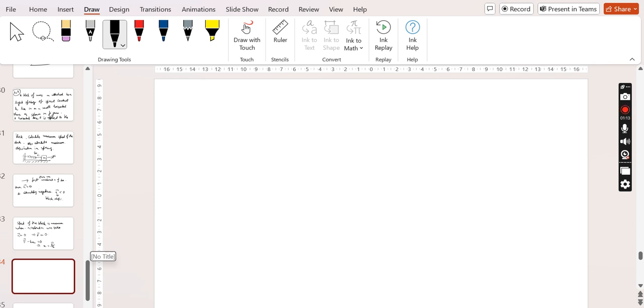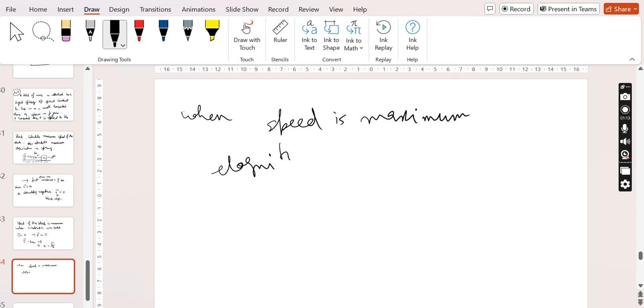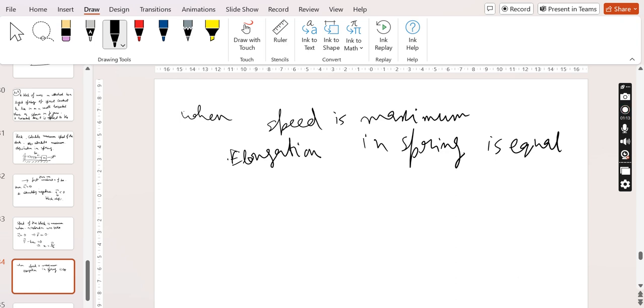Now, we can say when speed is maximum, the elongation in the spring is equal to F by k.